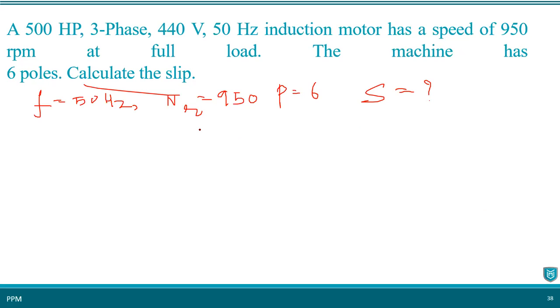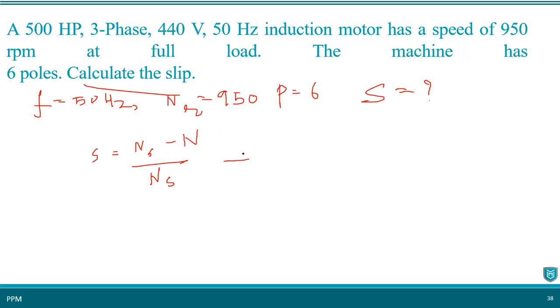Any hint, any equation which is suitable for this? Okay, let me give the answer. We need to calculate slip. So the base equation is S is equal to (Ns minus N) upon Ns.